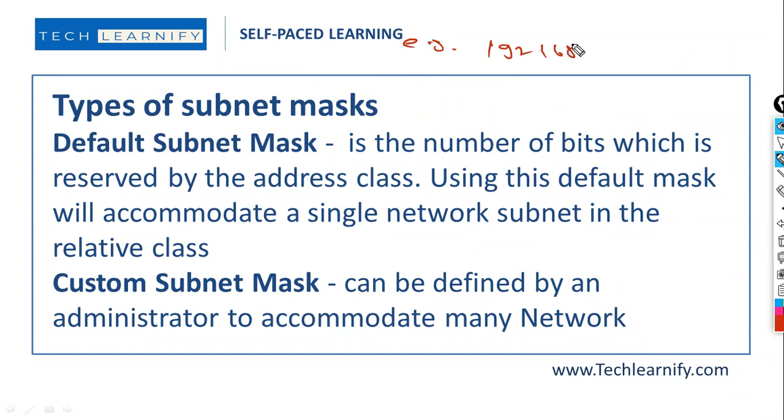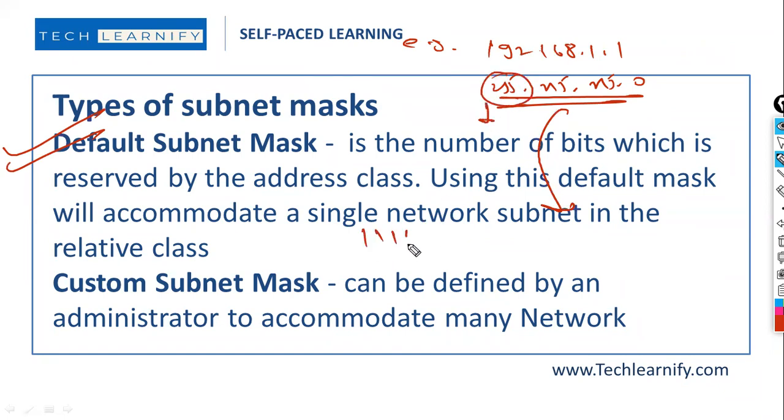So if the IP address is 192.168.1.1, and I take the example of the default subnet mask, its default subnet mask is 255.255.255.0. This is the default mask. If the mask is converted to binary, 255 means 8 ones like this. Again 255 means 8 ones, and 255 means again 8 ones.